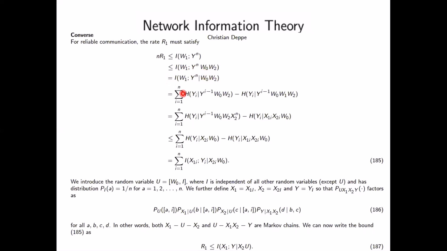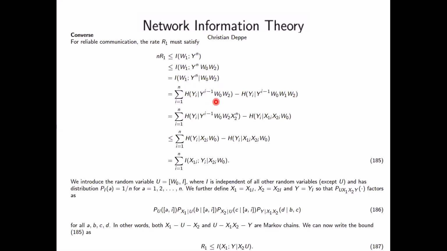Then we can write this as the sum of the entropies, so this is equal to the single mutual information here, and we can write this as the sum here. That's the formula for this here.